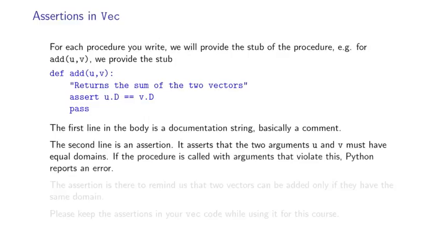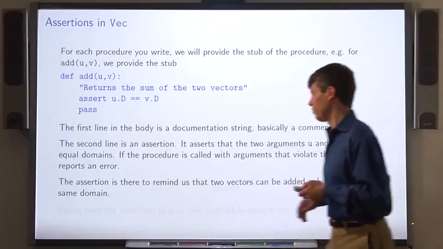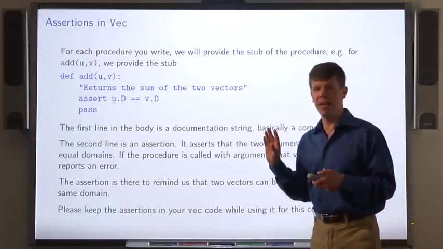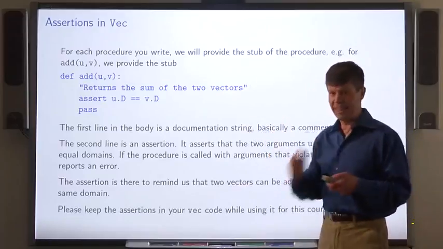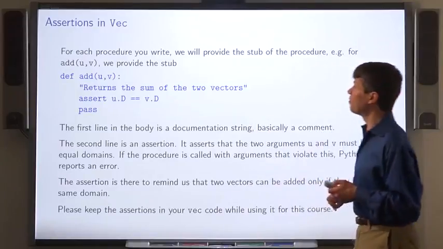Now, if this procedure gets past two vectors with different domains, it'll report an error. The assertion is there to remind us of a rule of vector addition, namely that you can't add vectors whose domains are different. So let's keep the assertion in the code, at least when writing procedures for this class.